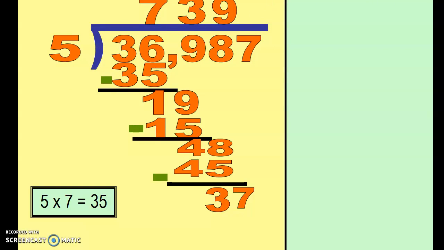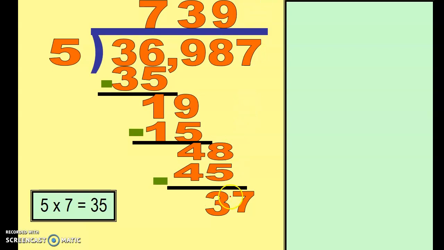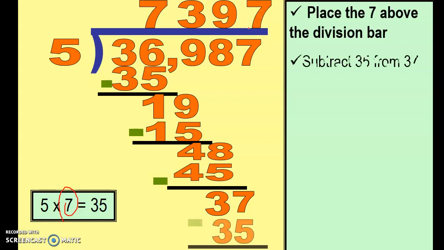Which number is very close to 37 in table 5? It's 35. Which number gives us 35? It's 7. So we must place again 7 up and 35 down. Subtract 35 from 37.